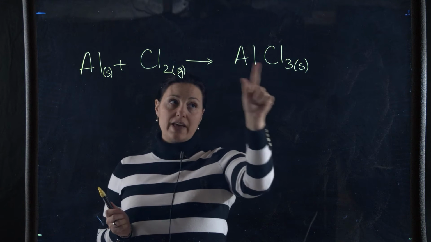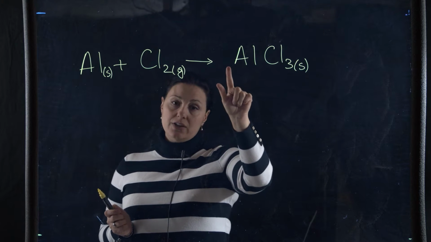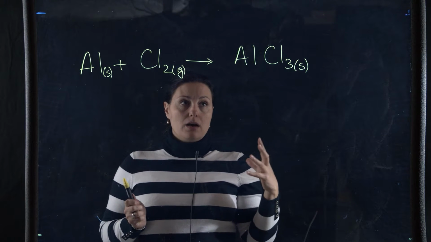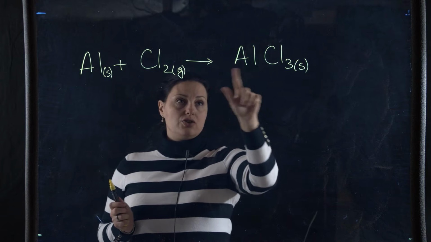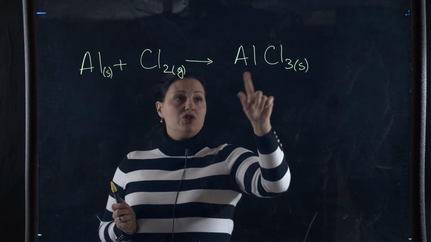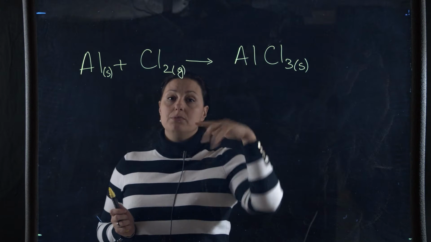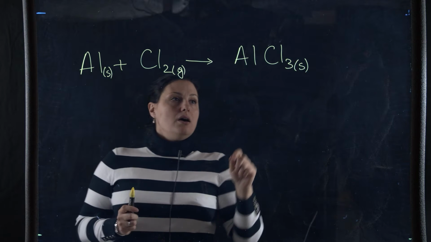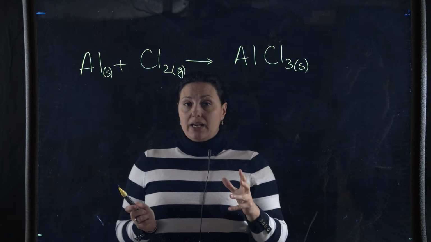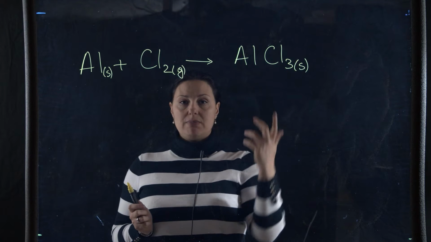However, when I put different integers here, that changes the whole molecule, not just the chlorine. So it will also change the aluminum. So you have to keep that in mind. But that's the first thing that I do, is whatever is an odd number, I try to make it even.